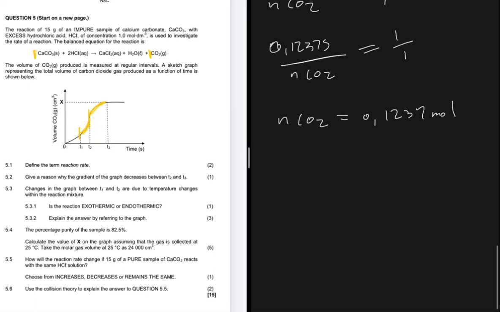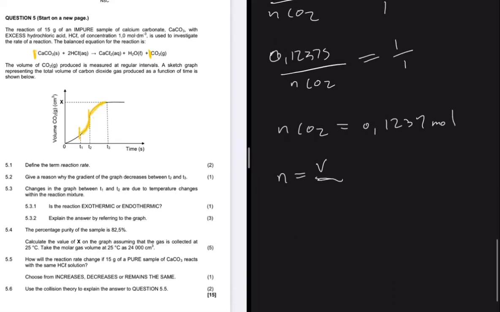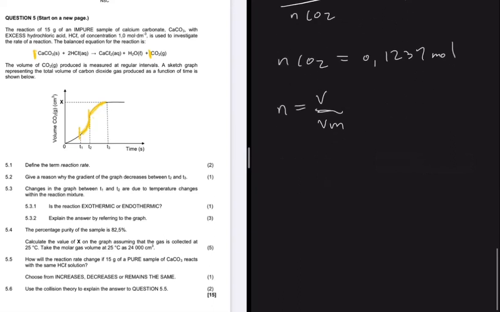But how do we find the volume? We know that you can determine the number of moles by dividing the volume by the molar gas volume. So we have n equals V divided by Vm. We know what the number of moles is.